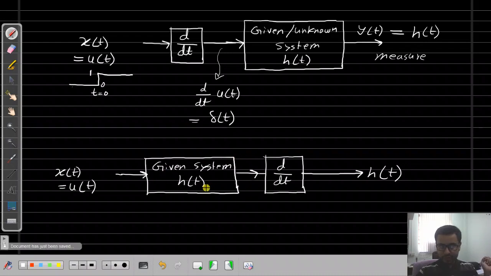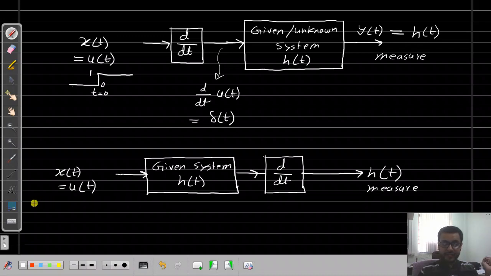Take the unknown system, then after that connect the differentiator in cascade. Here you give unit step function and measure the output. Whatever you measure, that will be the impulse response of the unknown system.